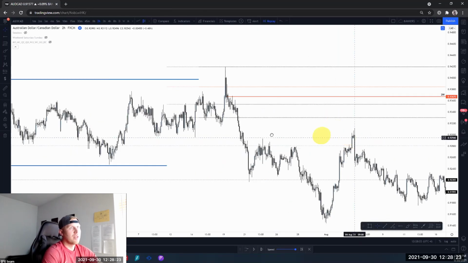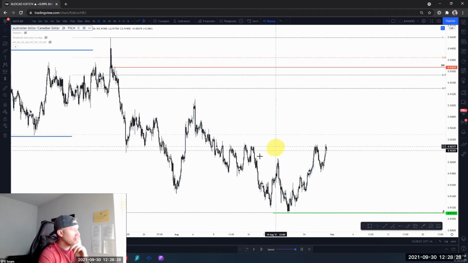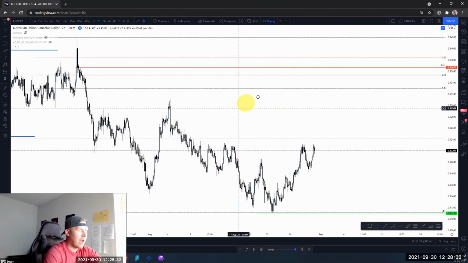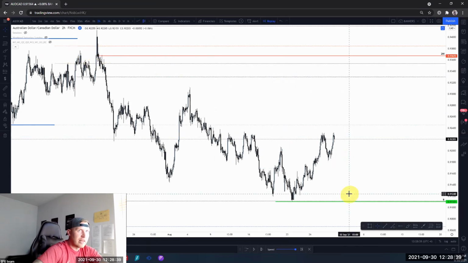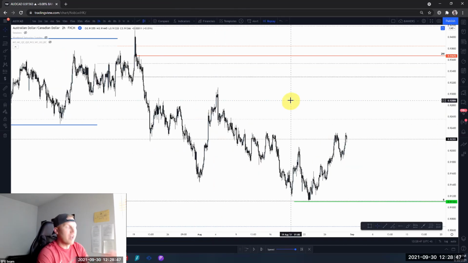Okay. So let's say, because this was the situation with EU. EU had broken structure. It had some targets, and there was a point of interest that we were looking for it to continue down. So let's say you were buying here. And again, this would be against the grain. This wouldn't be in alignment with the higher time frame objectives here.